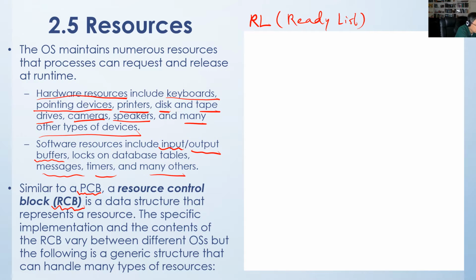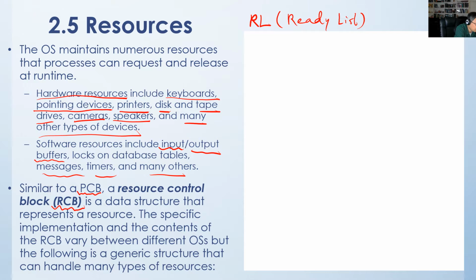So the RCB is a data structure that represents a resource. Depending on the type of resource, the specific implementation and the contents of the RCB vary between different operating systems. But the following is a generic structure that can handle many types of resources. Let's see the next slide.